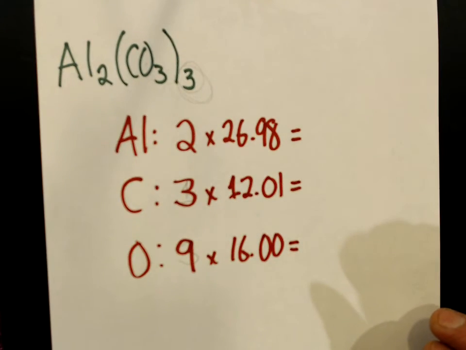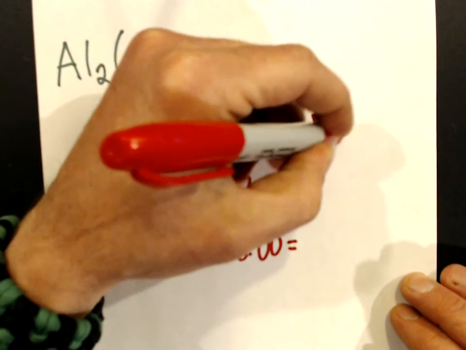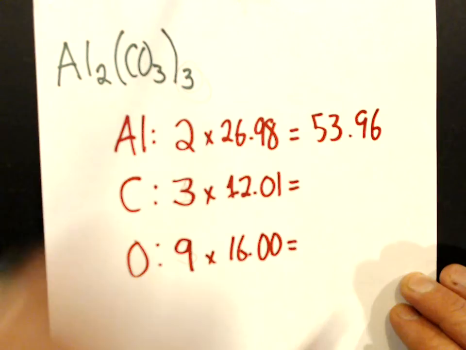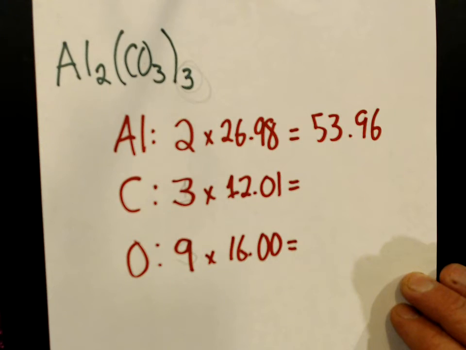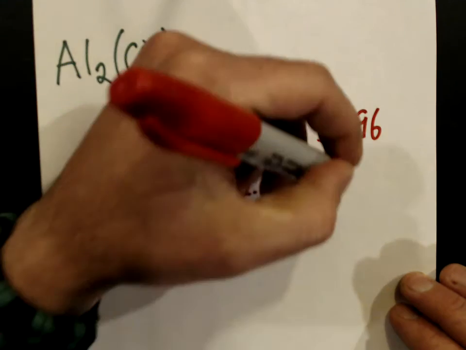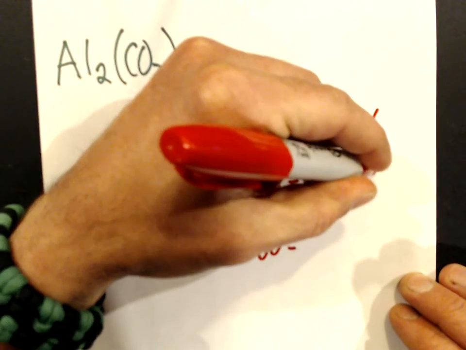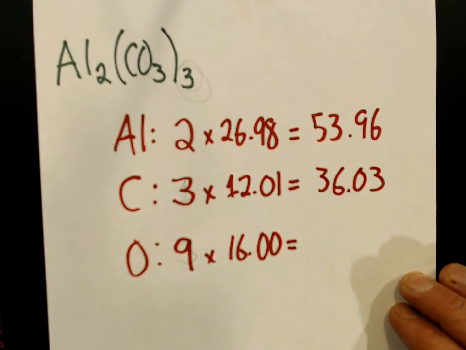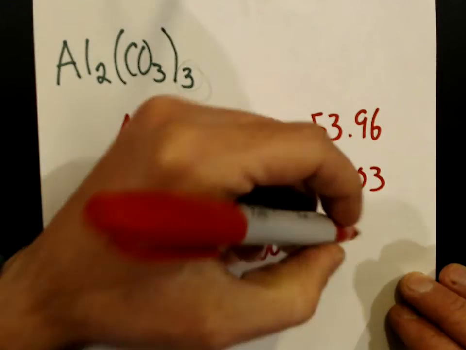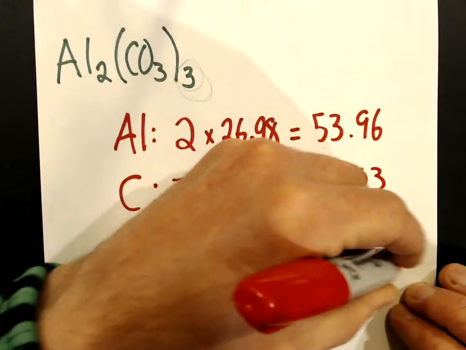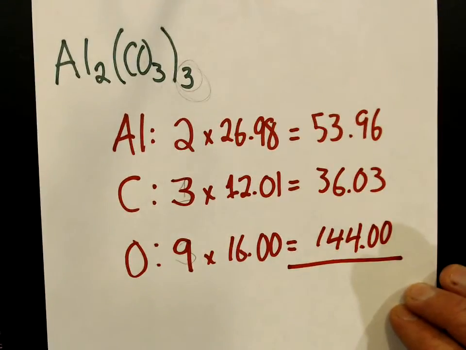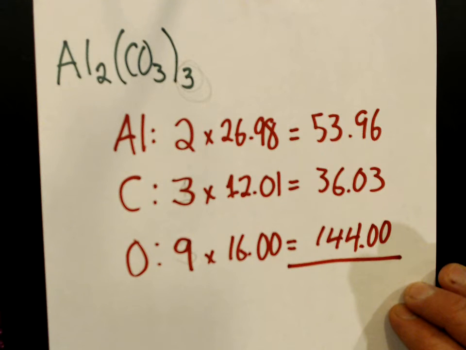So 26.98 times 2 equals 53.96. 12.01 times 3, 36.03. 9 times 16, 144.00. Add them up, and we're going to get a formula mass for this aluminum carbonate.